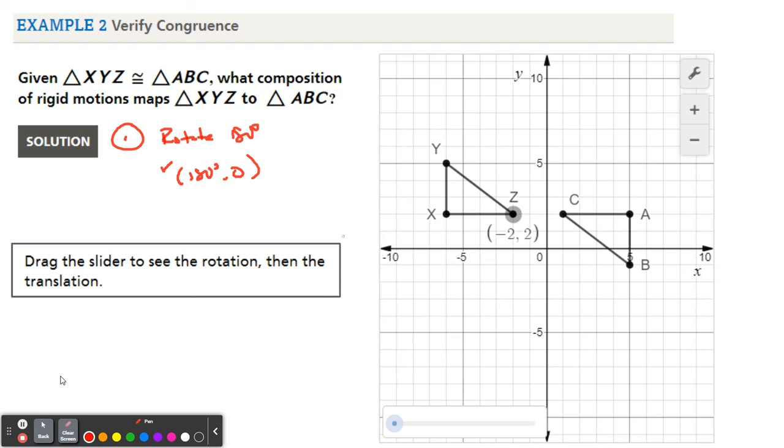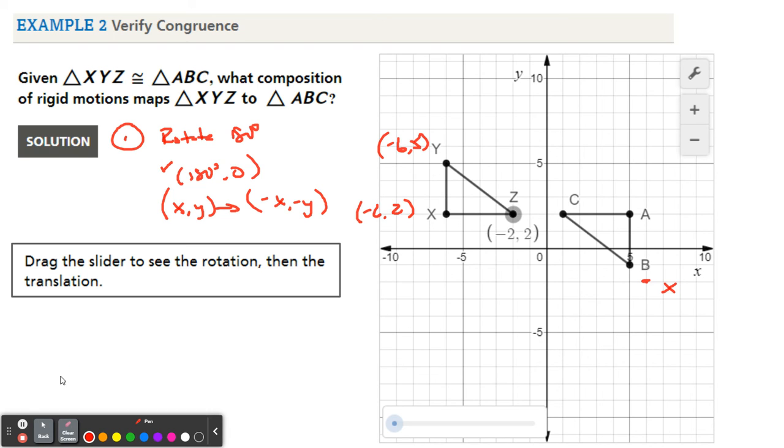All right, so if you recall what that rule does, all of your x's and y's stay the same position-wise, but they become the opposite of what they are. So X is at -6, 2. Now X becomes 6, -2. There's X'. Y is at -6, 5.